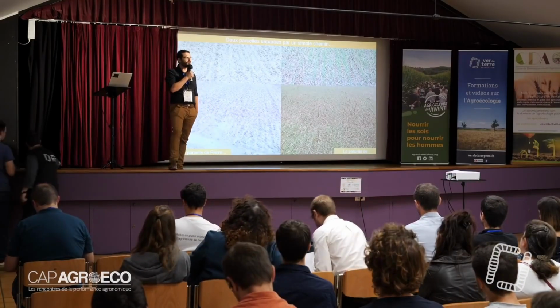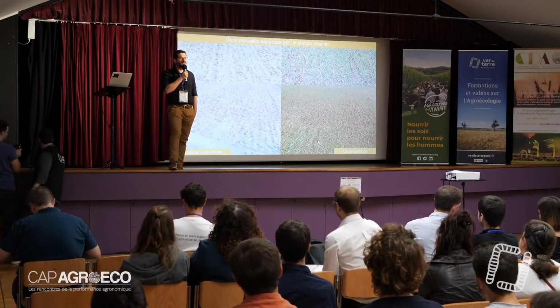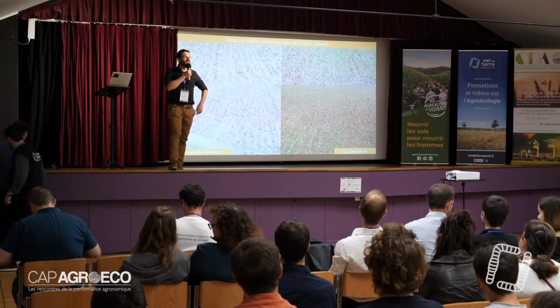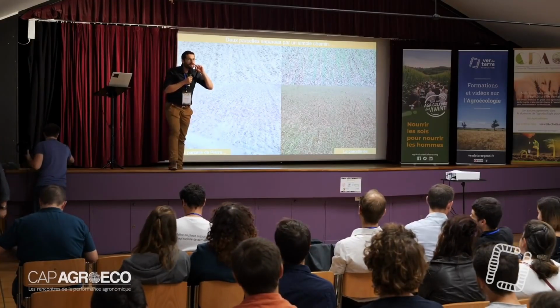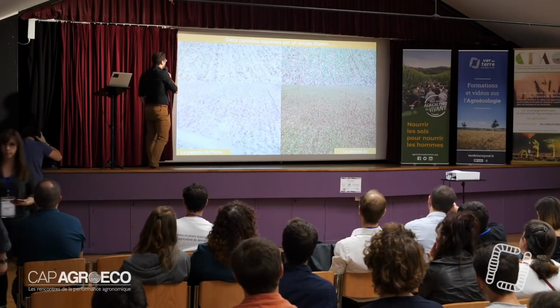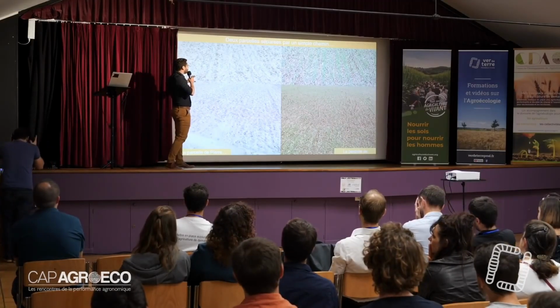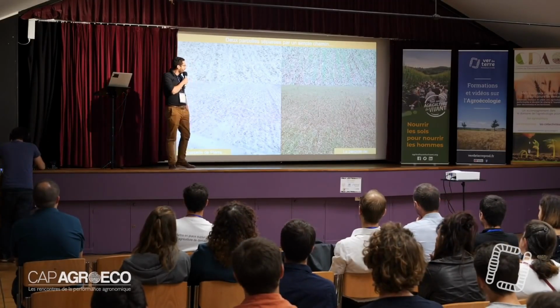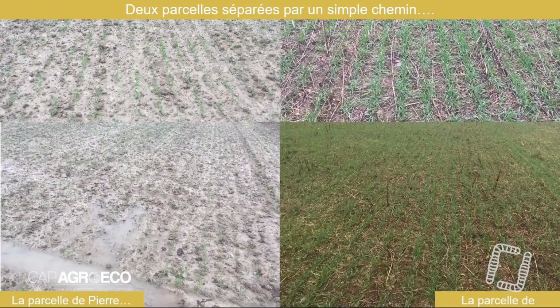We're all agricultural professionals here. You must have an opinion, surely. So indeed, on the left, we still have soil tillage. There was plowing, then a follow-up tillage, and indeed, on the right, there was only direct seeding. What else? Well, that's already quite a bit.